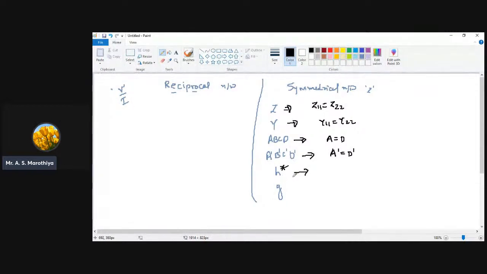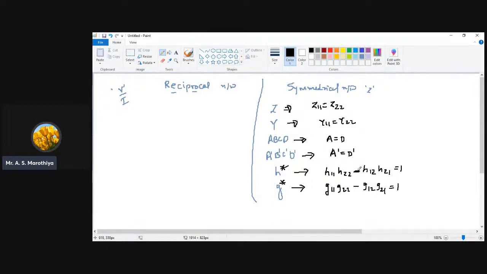The condition for symmetry in case of h parameter is h11 into h22 minus h12 into h21 equals 1. So this you have to remember. Then the condition for symmetricity in case of g parameter is g11 into g22 minus g12 into g21 equals 1.